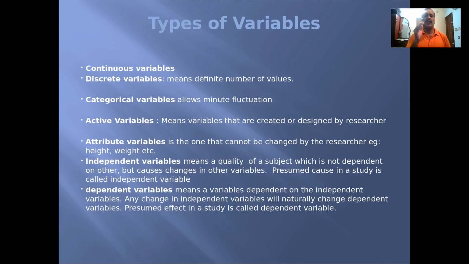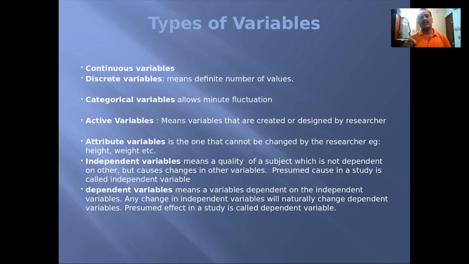Now what is an active variable? Active variable versus attribute variable. Active variable means a variable that is created or designed by the researcher. Can a researcher create or design a variable? Yes, a researcher can create a variable. For example, in a study we are planning to test the efficacy of a newly developed dentifrice in dental care.